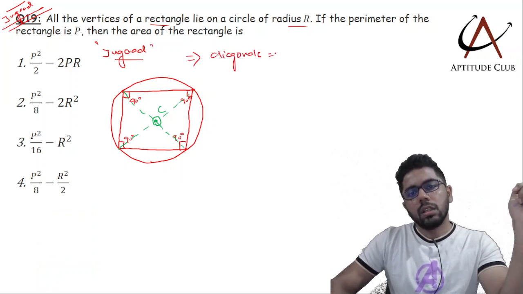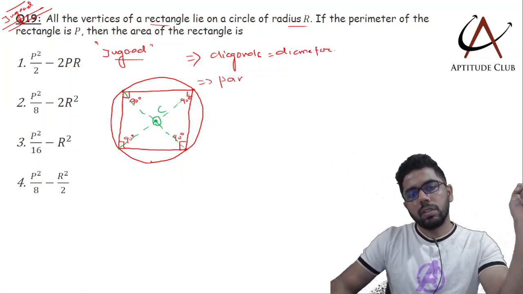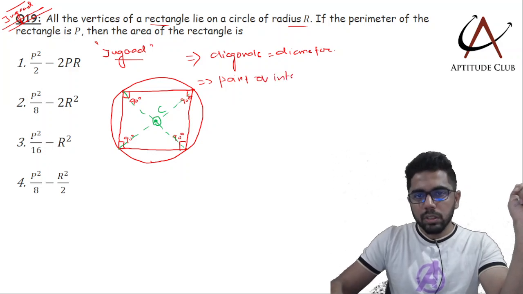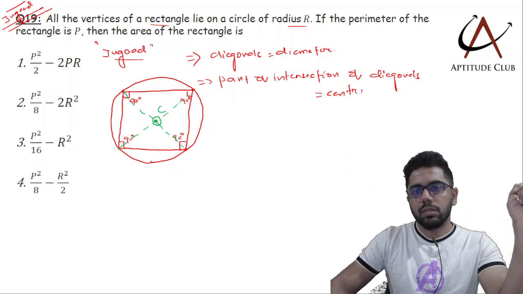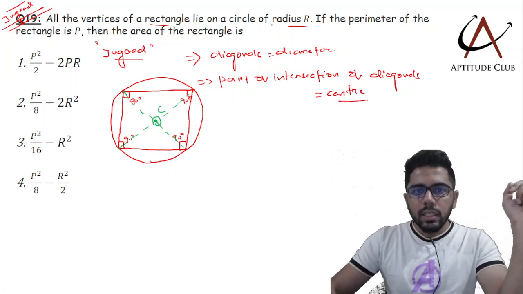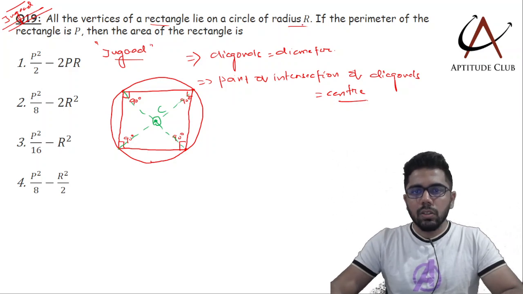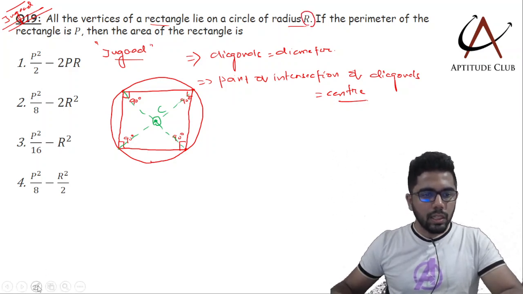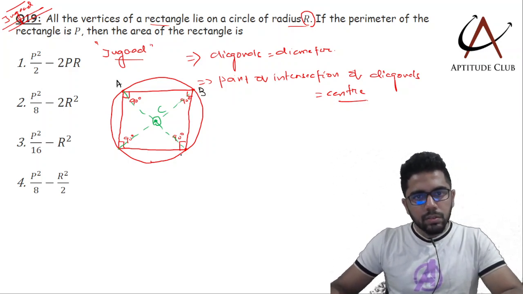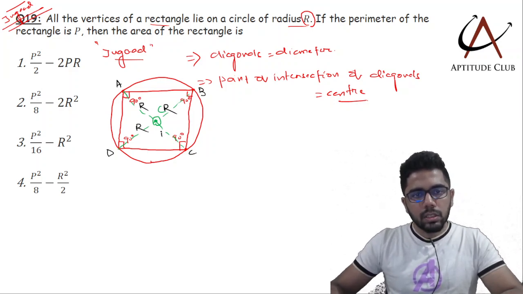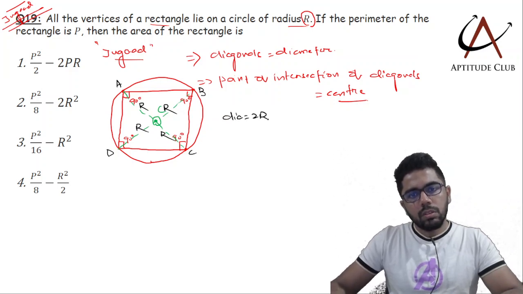So diagonals is equal to the diameter of the circle and point of intersection of diagonals will be the center of your circle. ठीक है, and here it is said that all the vertices of a rectangle lie on the circle of radius r. तो ये सारे distances यहाँ पे मान लो, I name this as a b c d, let us say this is the rectangle, so this is r, this is r, this is r, and this is r, so I get the diameter as 2r.